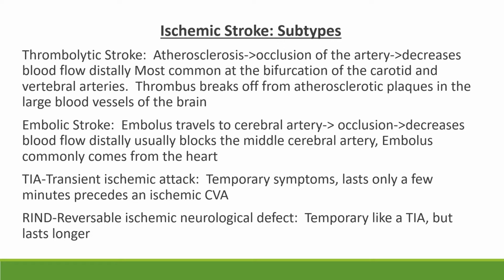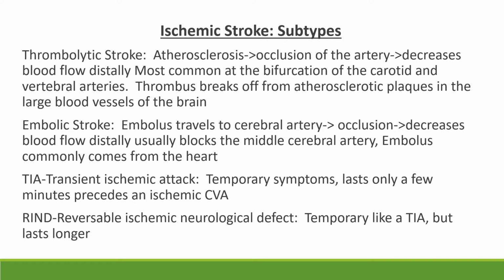So it's traveling through the cerebral artery, and it causes occlusion and decreases the blood flow distally. Usually it is blocking the middle cerebral artery. Emboluses or emboli commonly come from the heart. TIA, or transient ischemic attack, causes temporary symptoms.